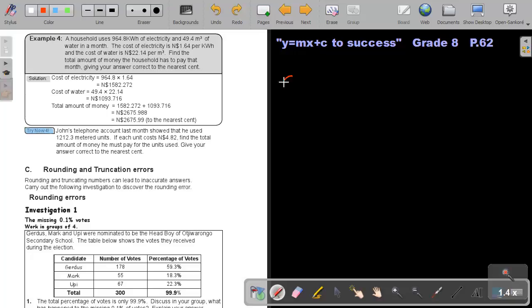So we're just going to say the cost of the telephone account, and that will just be that 1212.3, and I multiply it with the 4.82.